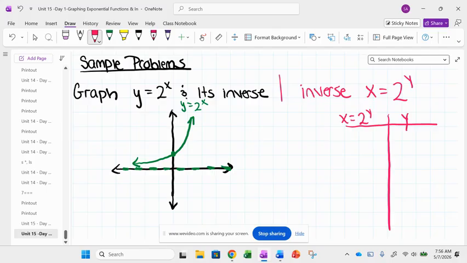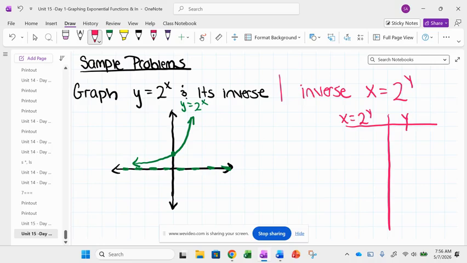And normally, when we have a chart, don't we plug in for x and find y? But since this is an inverse and I'm actually solving for x, would it make more sense to plug in for y and then find x? So I'm going to plug in for y.